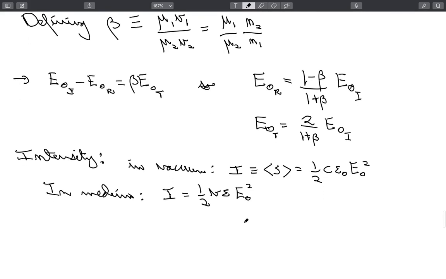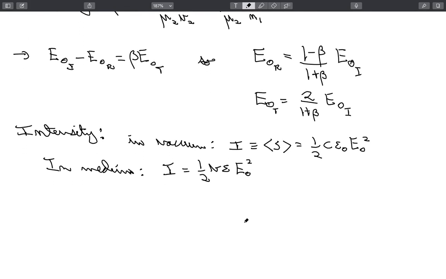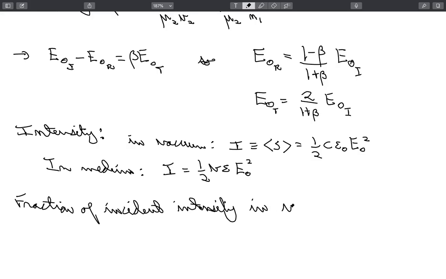So what we can look at is the fraction of the incident intensity in the reflected or transmitted waves.